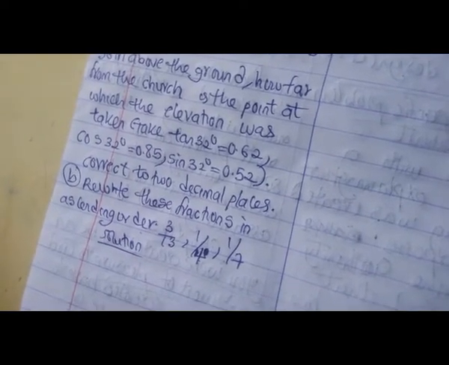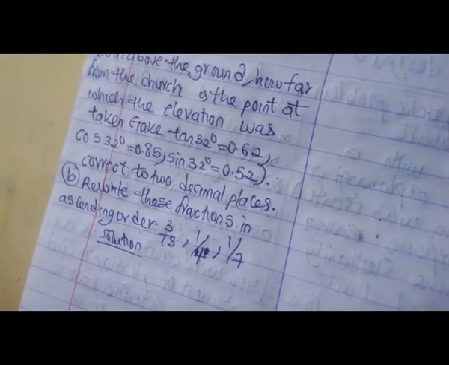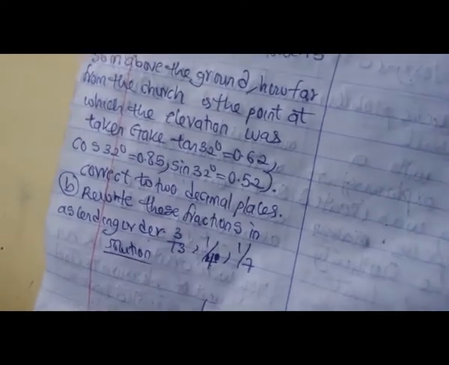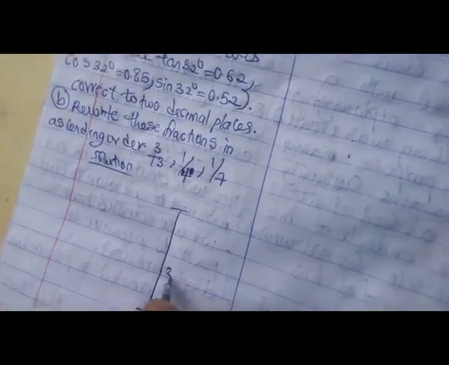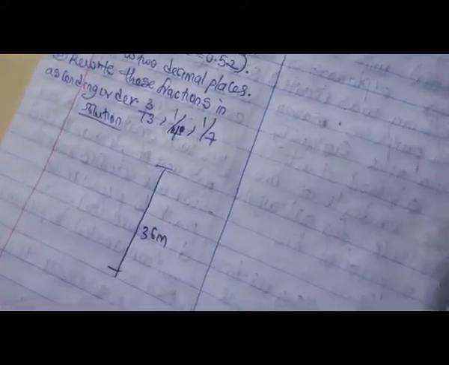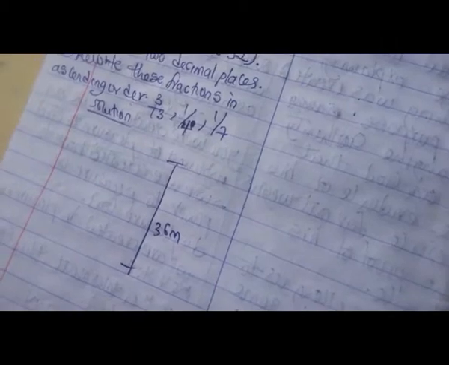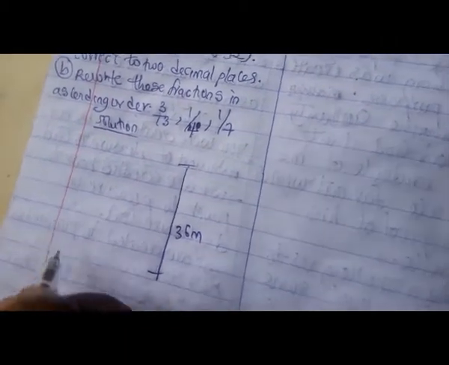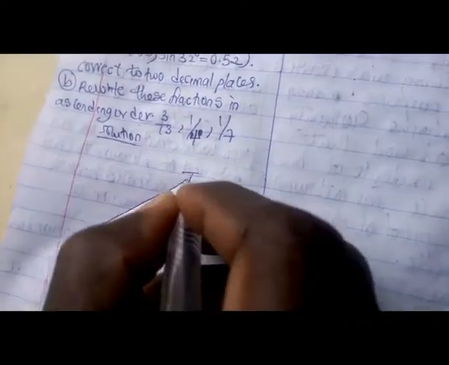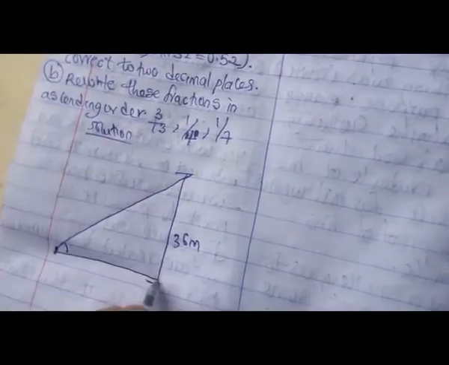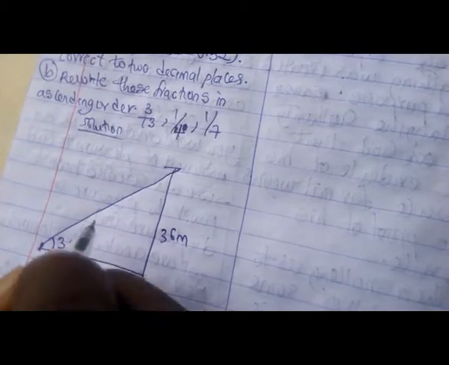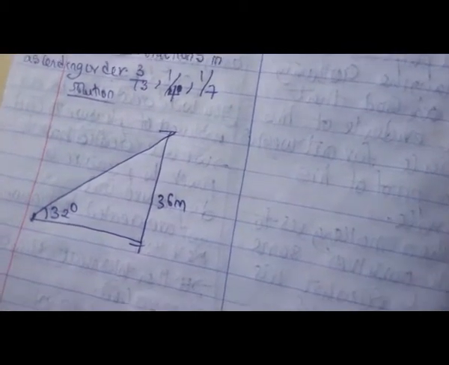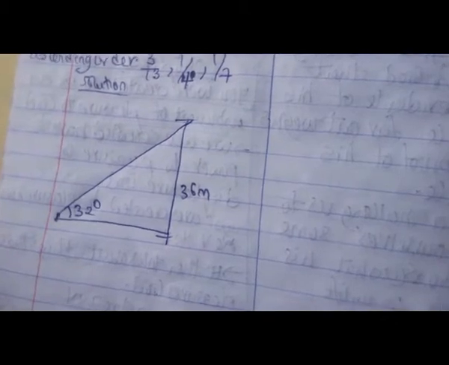It says the tower is 36 meters above the ground. Let me say this is the tower now. The tower is 36 meters above the ground, and it says the angle of elevation from the top of the tower is 32 degrees. So you put it like this. 32 degrees. Somebody is looking at it from here. The angle of elevation is 32 degrees. So it says we should look for what?